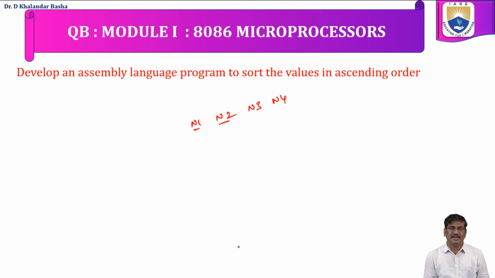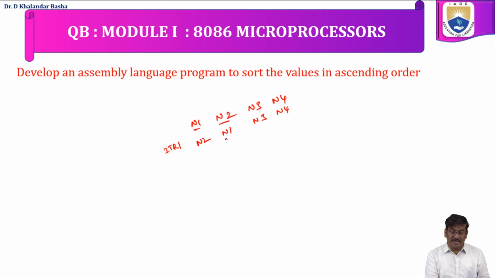As it is ascending order, if N1 is less than N2, then don't alter the values. If N1 is greater than N2, then we swap N2 and N1. This is the first iteration, and N3, N4 will not be checked in the first iteration.